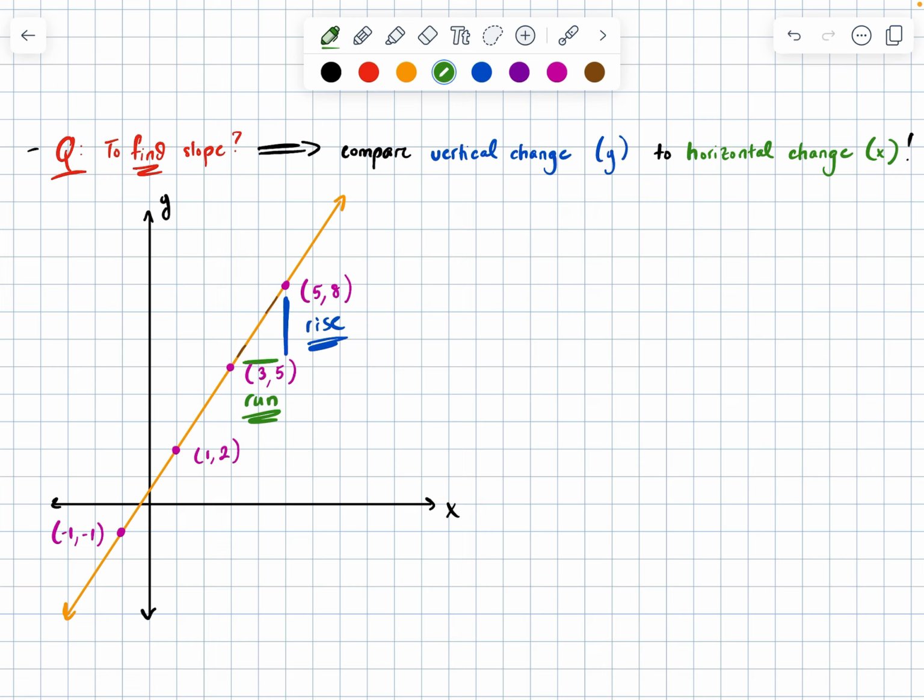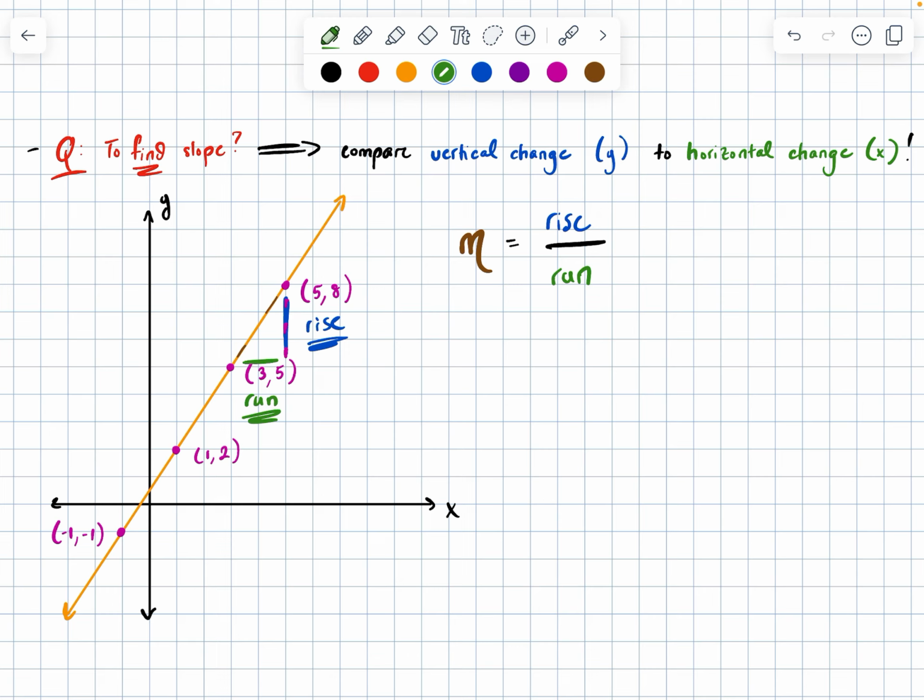So on this line, notice that its rise, I go up here counting on my grid line 1, 2, 3 units. So the slope represented by the value m, it's equal to the comparison of rise to run.